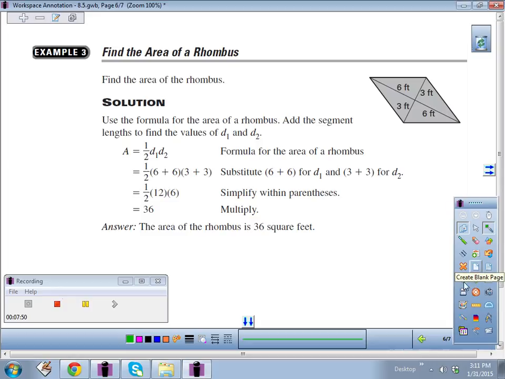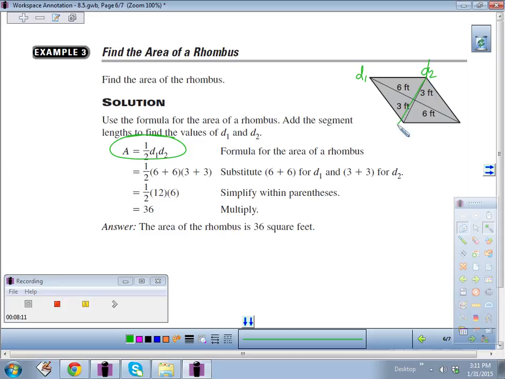Alright, so the rhombus is a little bit different. If we're given the lengths of the diagonals of a rhombus, we can calculate the area. And that formula is 1/2 diagonal 1 times diagonal 2. So we need to get the length of the diagonal. This is one diagonal, and this is the other diagonal.